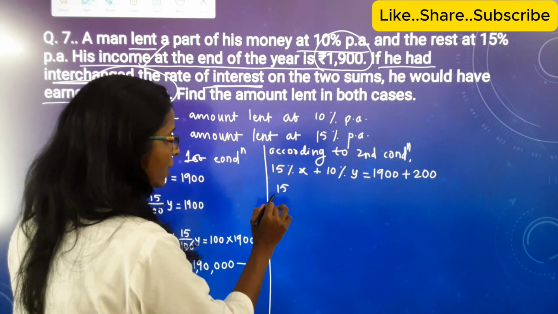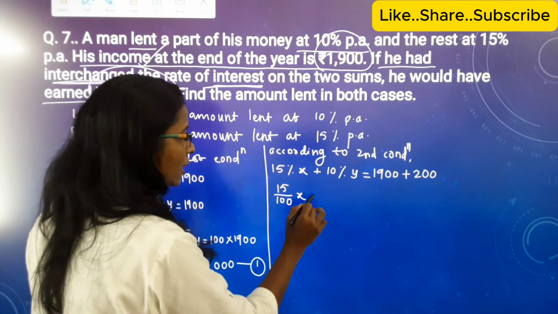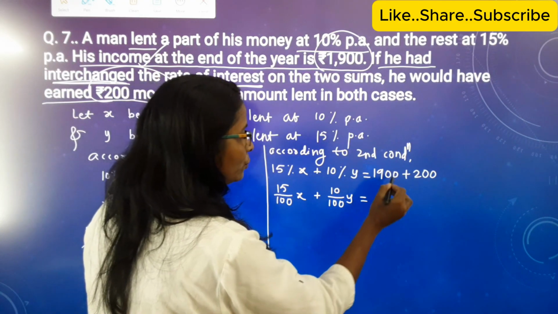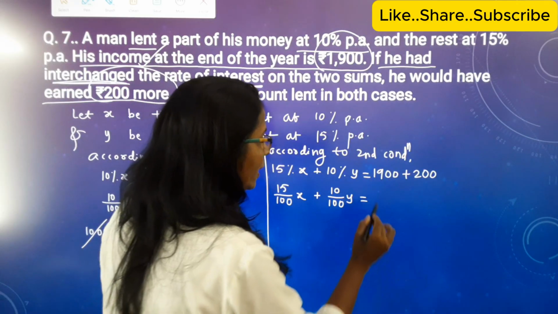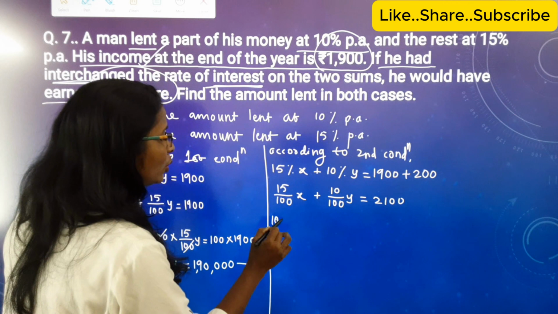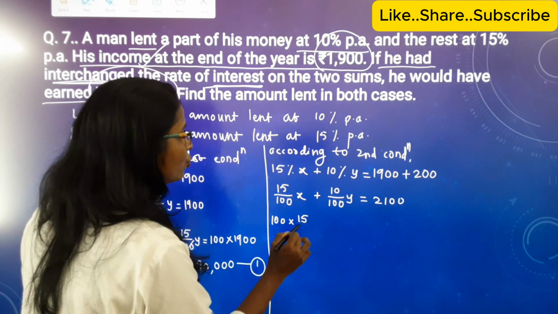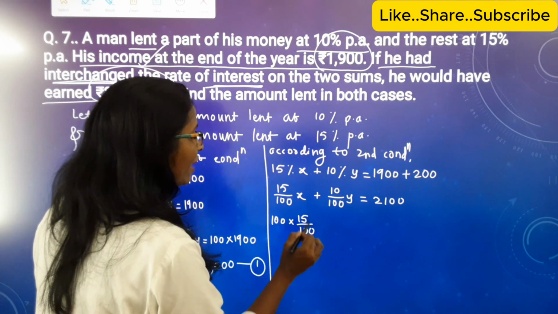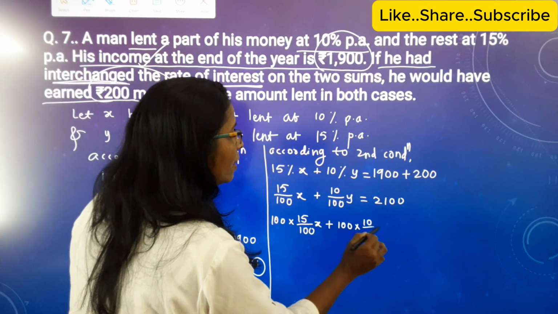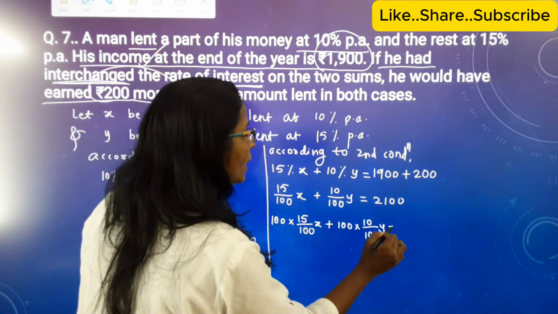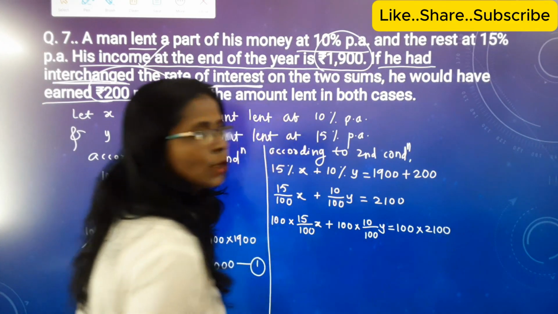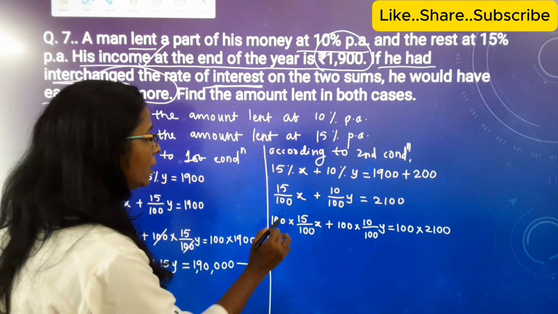So here 15 upon 100 x plus 10 upon 100 y is equal to 1900 plus 200, that means 2100. Now here multiply both the sides by 100. So 100 multiply 15 upon 100 x plus 100 multiply 10 upon 100 y is equal to 100 multiply 2100. Okay, students, and then here it gets cancelled.